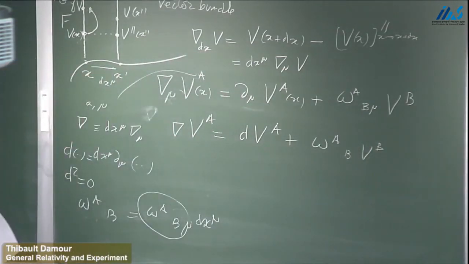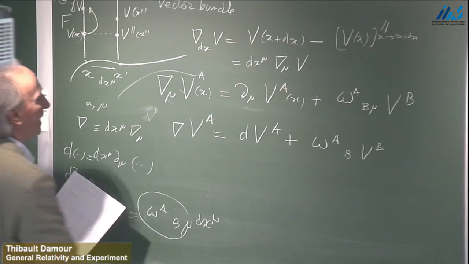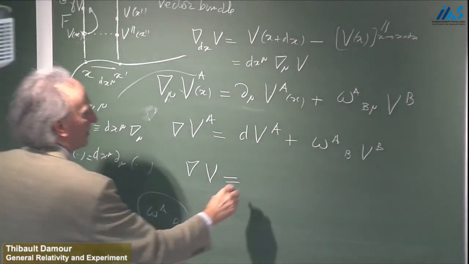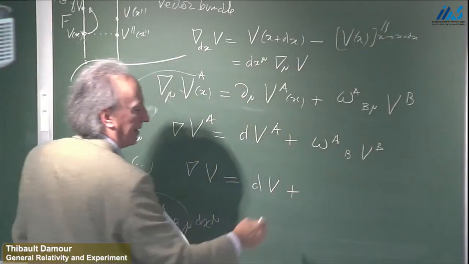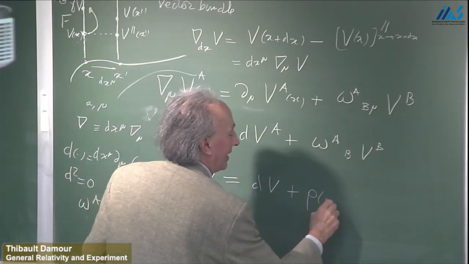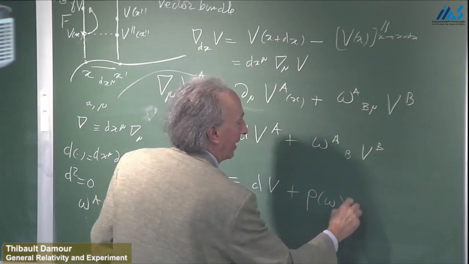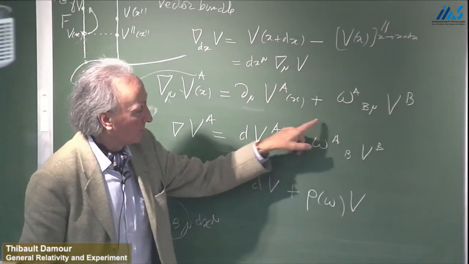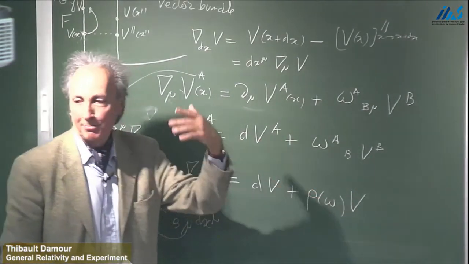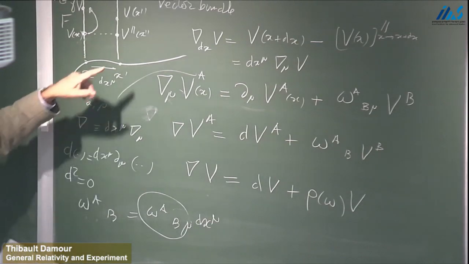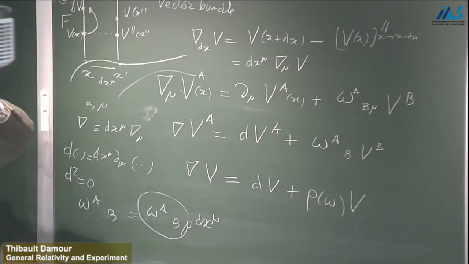But now, if you're a mathematician, you don't like to write indices, so you can even say, okay, a covariant derivative, a general connection, is that I have V in some vector space, and it is defined by taking the ordinary Cartan derivative dV plus an object, so I will still add something. There is an abstract object omega, and I have a representation of this object so that it can act on the vector space on which V lives, because there is an abstract group G, but this group G, think of SU(N), is acting, for instance, in the fundamental representation of a multiplet of N things in a certain way.